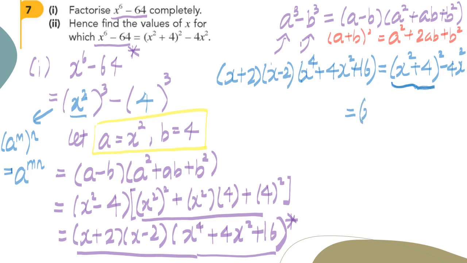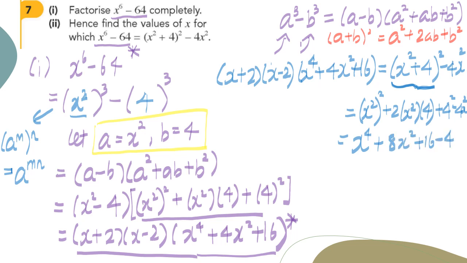So that will give us x squared to the power of 2 plus 2 bracket x squared 4 plus 4 squared, then minus 4x squared. Alright, so that simplify further, that will give us x to the power of 4 plus 8x squared plus 16 minus 4x squared, and that gives us x to the power of 4 plus 4x squared plus 16.